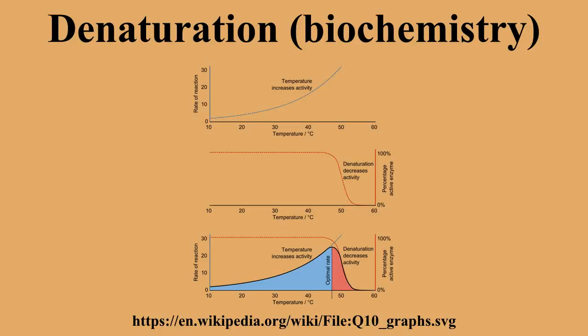In quaternary structure denaturation, protein subunits are dissociated or the spatial arrangement of protein subunits is disrupted. Tertiary structure denaturation involves the disruption of covalent interactions between amino acid side chains, non-covalent dipole-dipole interactions between polar amino acid side chains, and van der Waals interactions between non-polar amino acid side chains.